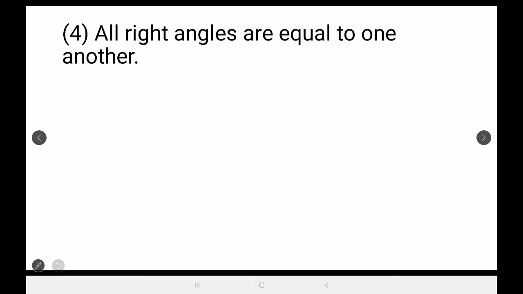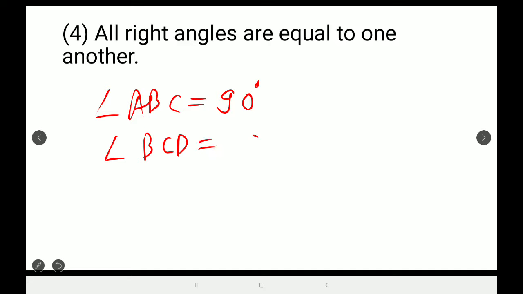Next, all right angles are equal to one another. You know that a right angle means 90 degrees. Let's take one example. Let's say angle ABC equals 90 degrees, and angle BCD equals 90 degrees. Let's take one more example by figure.